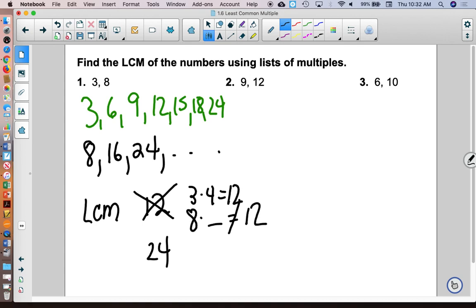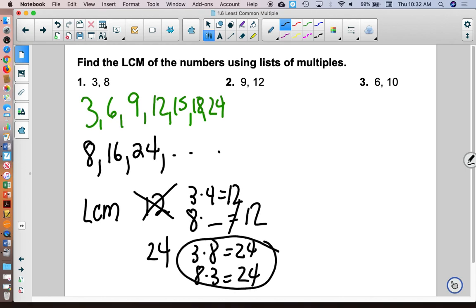So I can check myself. If I say it's 24, 3 times what is 24? 3 times 8 equals 24, and 8 times 3 equals 24. Both of these are true statements. Therefore, I can check it and make sure that it's true.